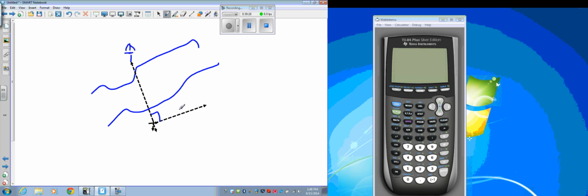So this is 90. Then you go over here and measure so many feet. Set your instrument up here, and then turn the angle back here.